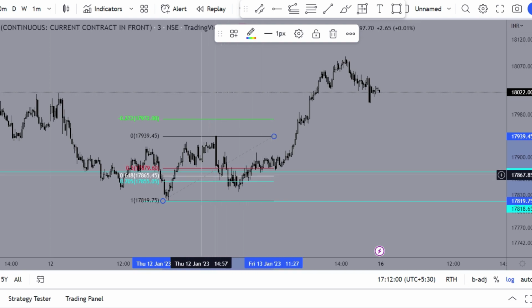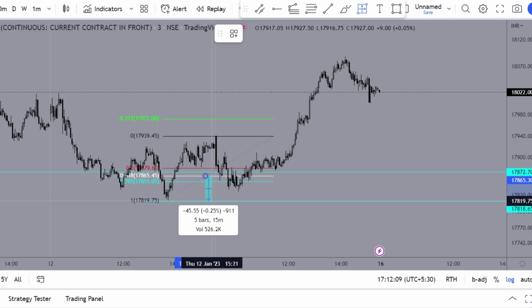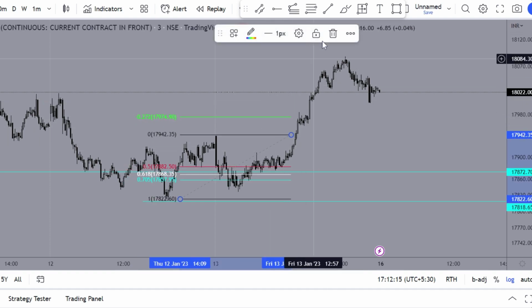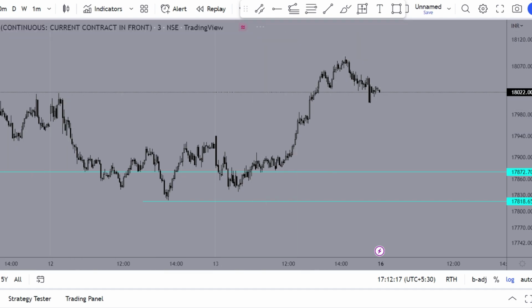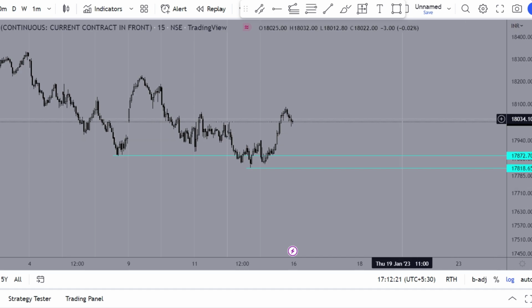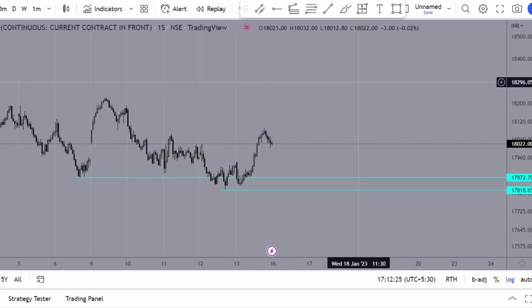This would have been a very clean entry with a possible stop loss of 46 points, and you would get very good risk to reward. This is the analysis we do as per our system, which if you haven't seen, I will ping in the discussion section and you can check it out there.